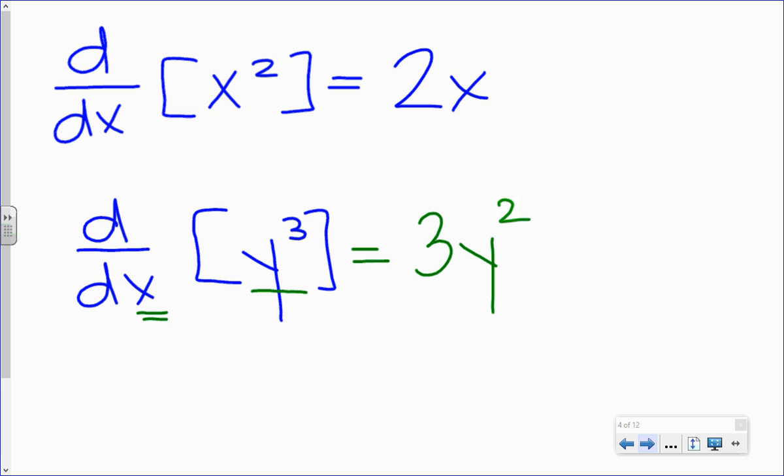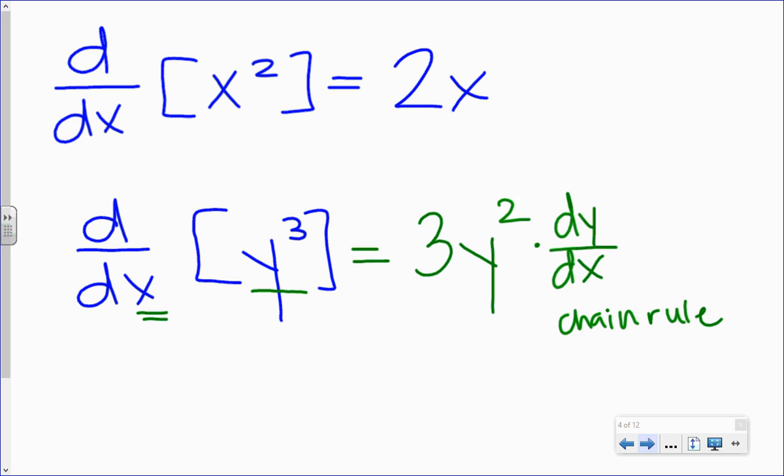Since y is inside, we have to take the derivative of y with respect to x. Essentially, if you are taking the derivative with respect to x, but you have a term that has a y, then when you take its derivative, you have to multiply by dy dx, to apply the chain rule.